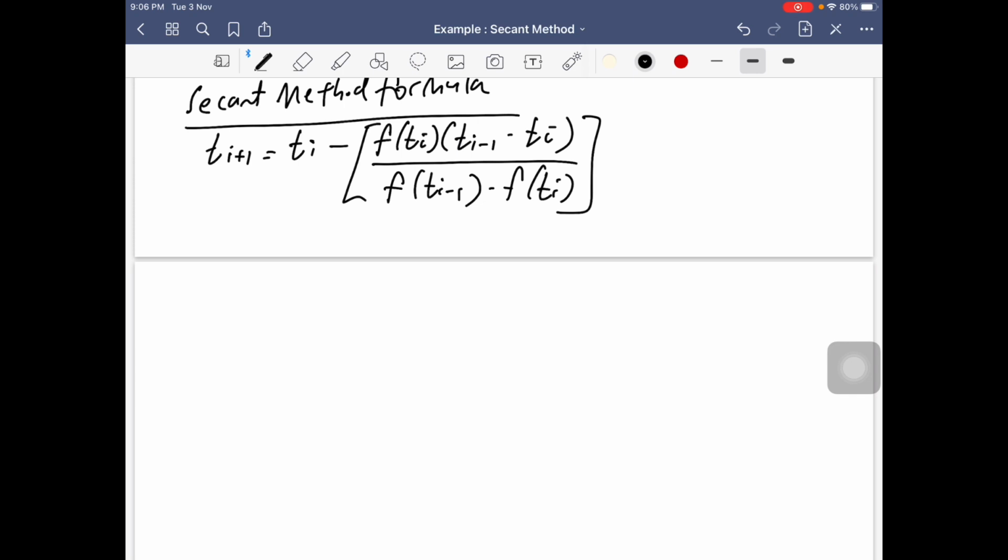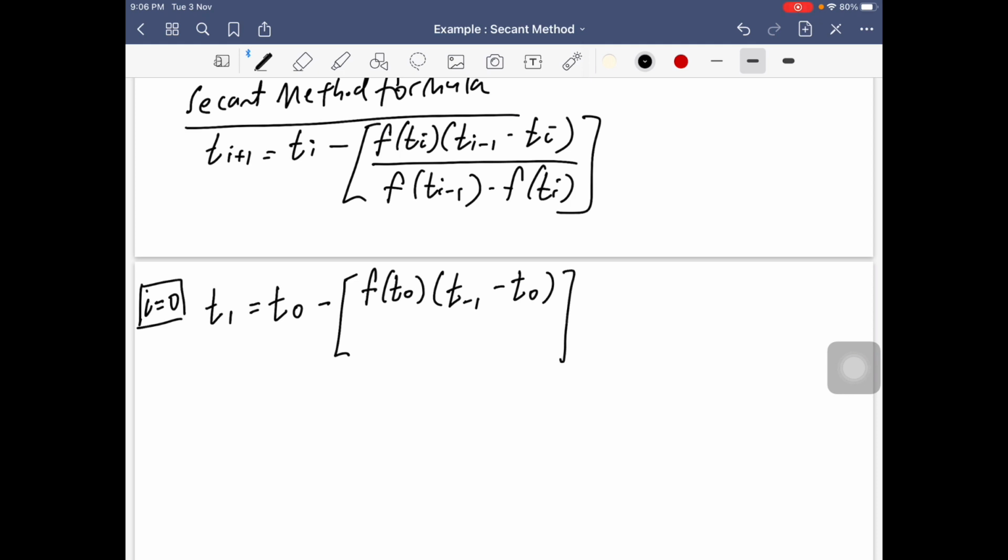For the first iteration, i equal to 0. So we have t1 equal to t naught minus f(t naught) multiply with (t minus 1 minus t naught) over (f(t minus 1) minus f(t naught)). Now we substitute all the known values.